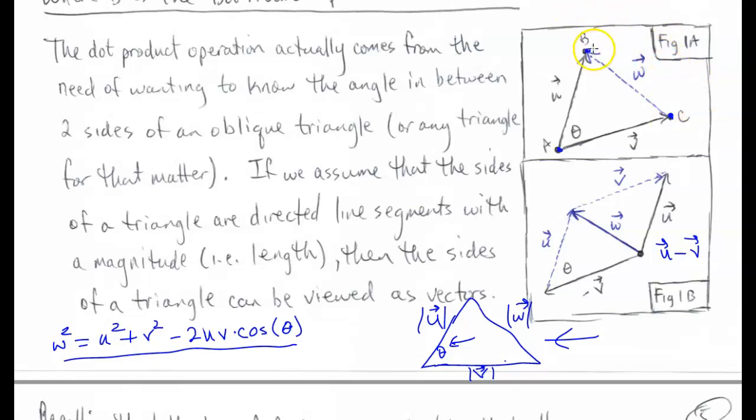If I did this, this would be like me saying vector u plus vector v. The resultant of that would be this vector here that I'm drawing. Okay. But of course, that's not what w is.